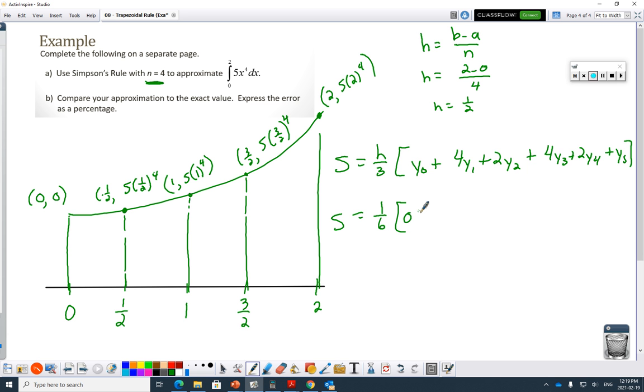And then it's 0 plus 4 of the 5 times the 1/2 to the 4th, plus 2 of the 5 times 1 to the 4th, plus 4... 1, 2, 3, 4, 5.